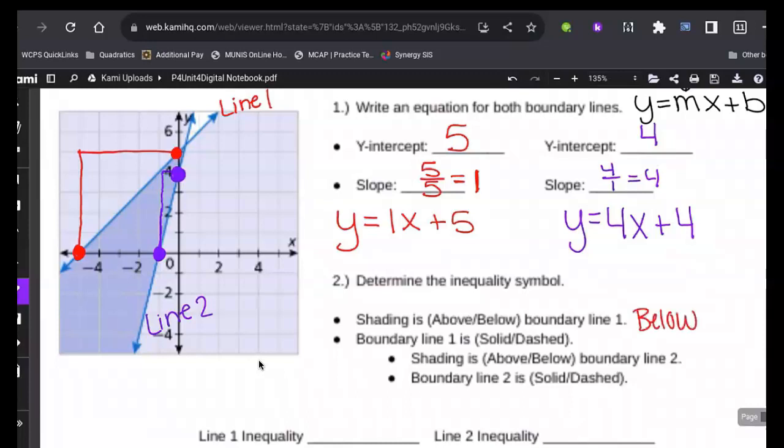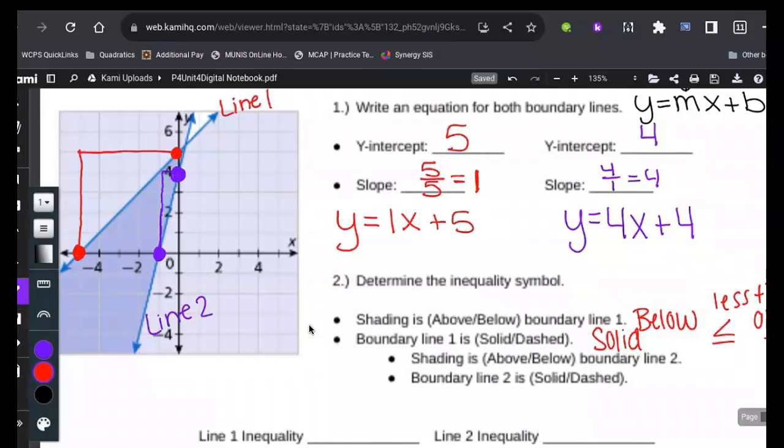So it's shaded below line 1, and boundary line 1 is a solid line. Shaded below and a solid line means we're going to use the less than or equal to symbol for line 1.